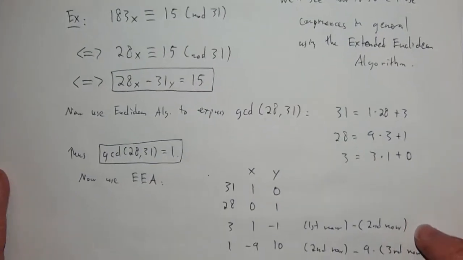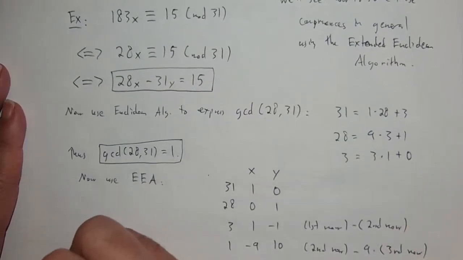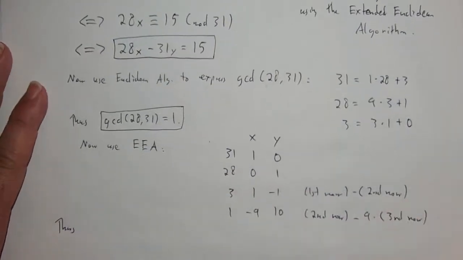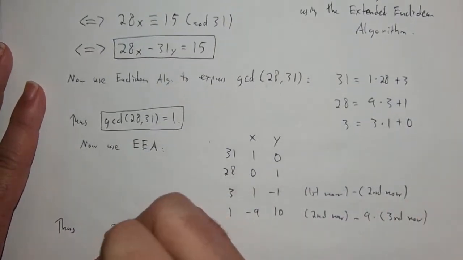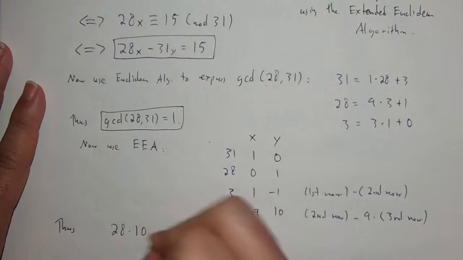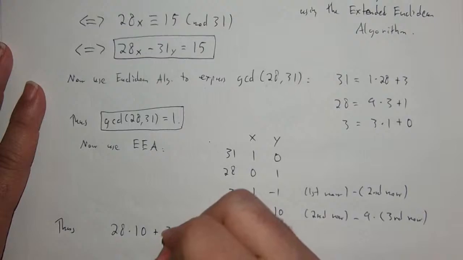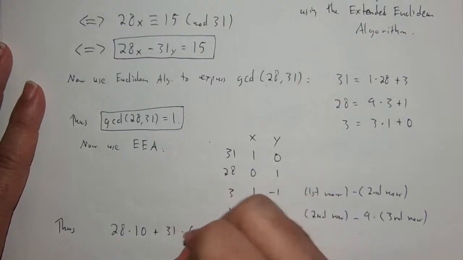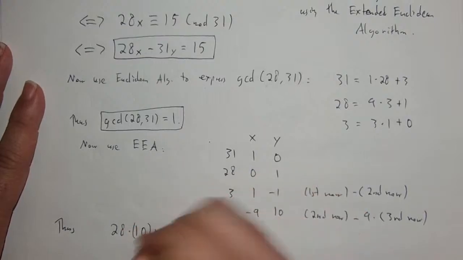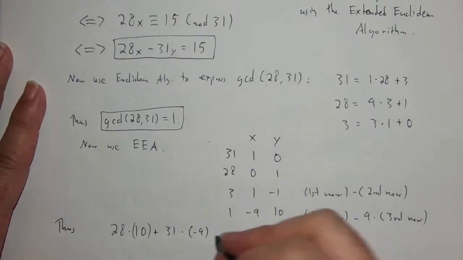So, what does this mean? Thus, 28 times 10 plus 31 times minus 9, I'll write these in parentheses, is equal to 1.